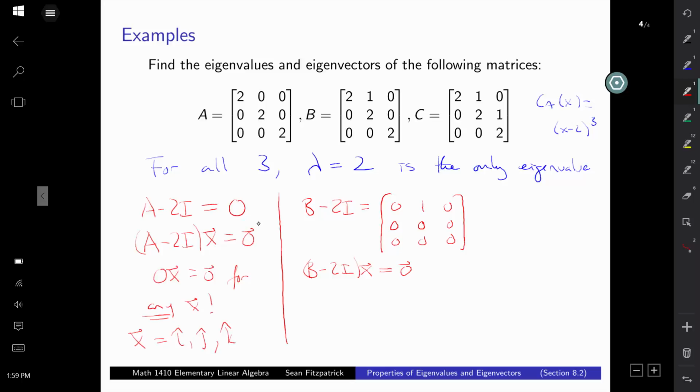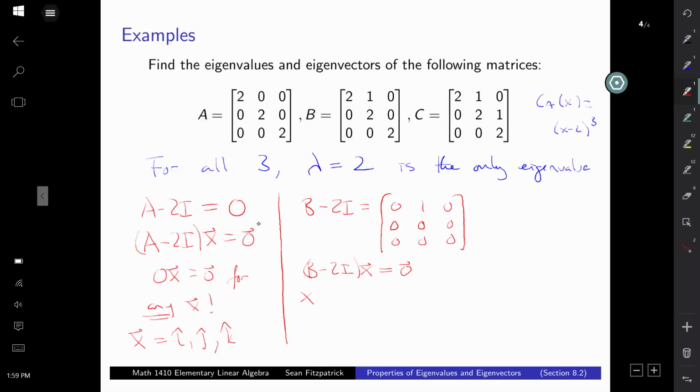Notice that this is one of these rare scenarios where there is no leading one in the first column. The first column is entirely 0, right? So for the corresponding homogeneous system, that first row would say 0x plus 1y plus 0z equals 0. So y has to equal 0.